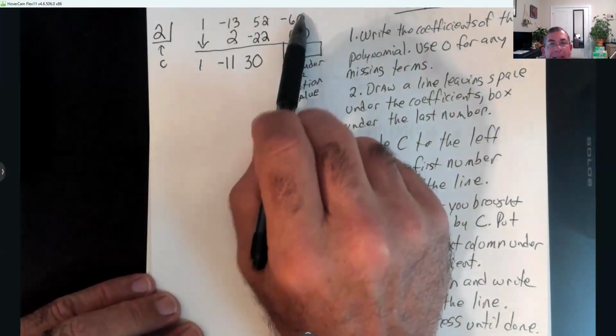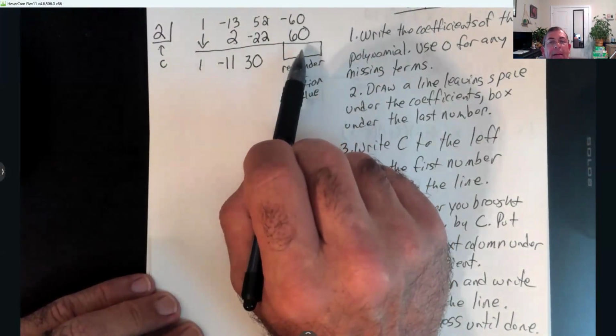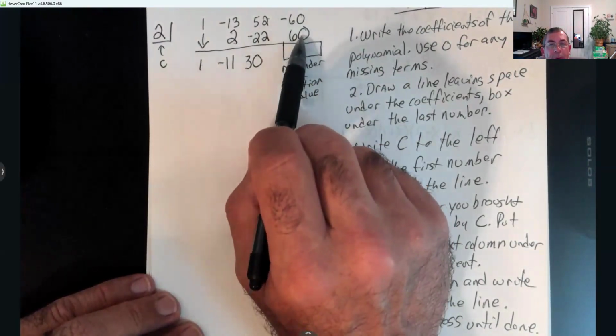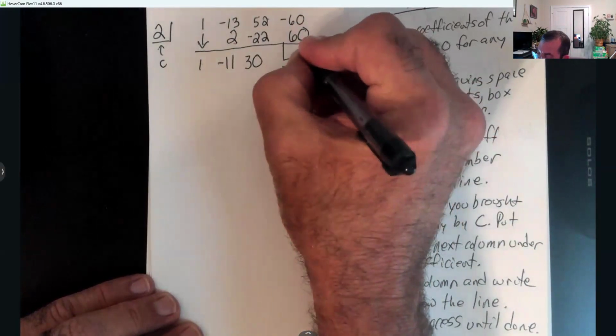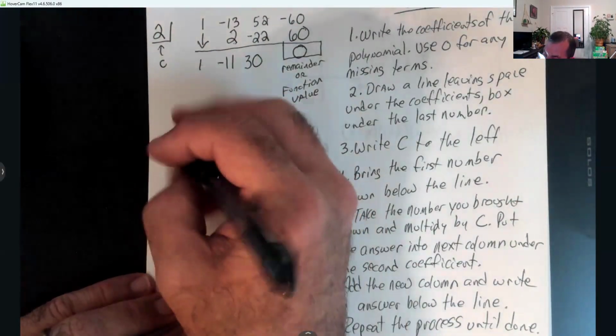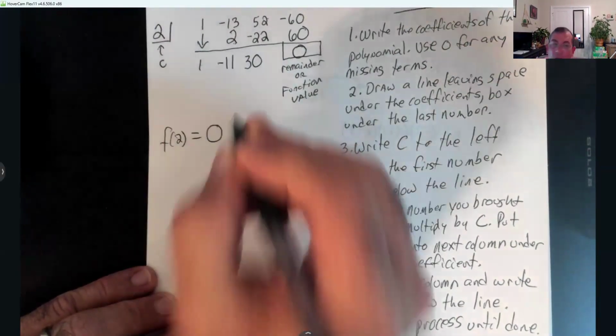When I add these two together, I will have my function value. Negative 60 plus 60 is 0. So that means f of 2 equals 0.